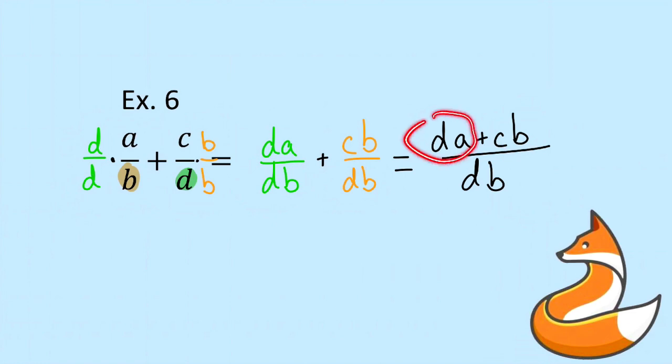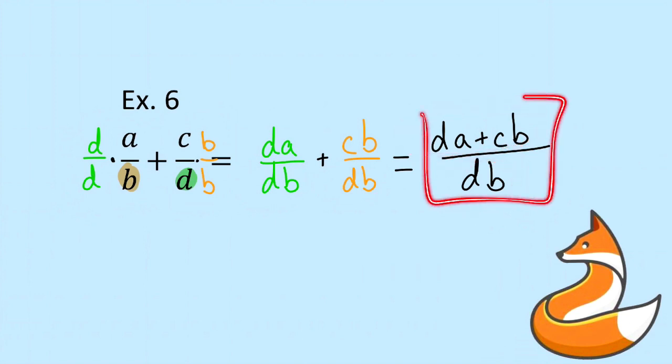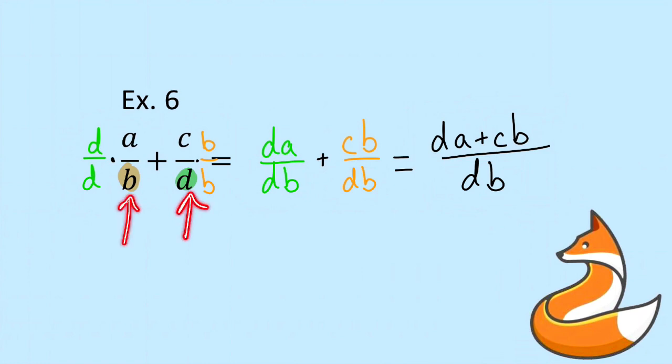So we're adding two integers together, which means the entire numerator will be an integer. And since d and b were both integers, d times b will be an integer. So the denominator is an integer. So we have a fraction where the numerator and the denominator are integers, which means this is a rational number. So we are adding two rational numbers together, and the result is a rational number.